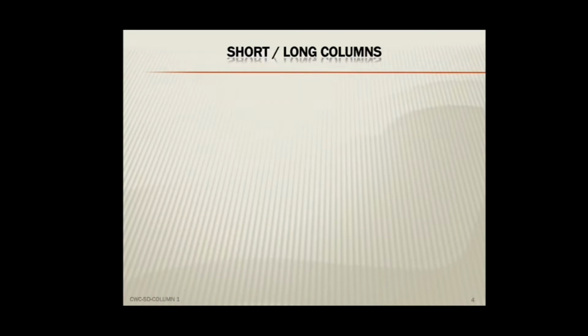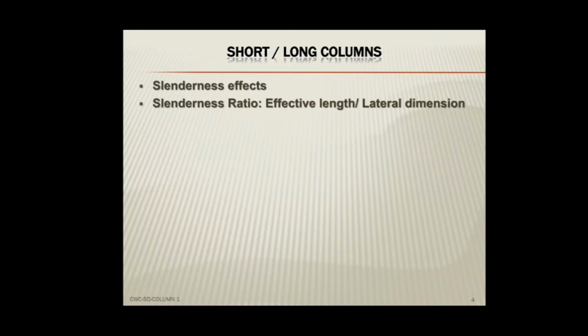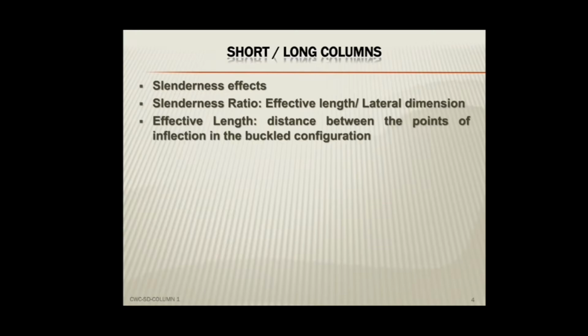Columns can again be classified depending on whether the slenderness effects are considered significant or insignificant. Slenderness is a geometrical property of a compression member which is related to the slenderness ratio, which is equal to the ratio of effective length to its lateral dimension, whereas effective length is the distance between the points of inflection, that is zero moment, in the buckled configuration.